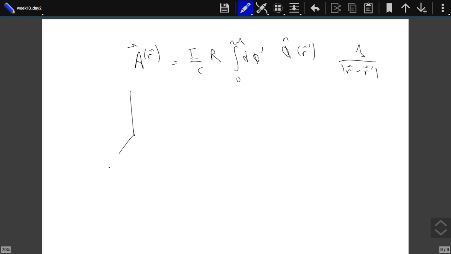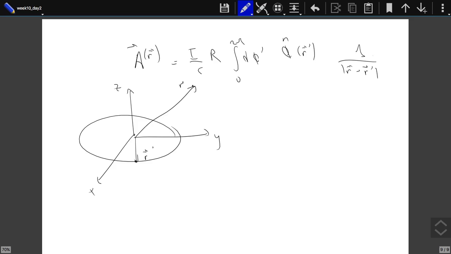Now, so you see, this is my point r prime. I'm looking at the vector potential over here. This is r. I have this rotational symmetry in my problem. So if I just rotate my system, nothing should change. Okay. So I can basically calculate my vector potential, let's say on the yz plane, at an arbitrary point on the yz plane.